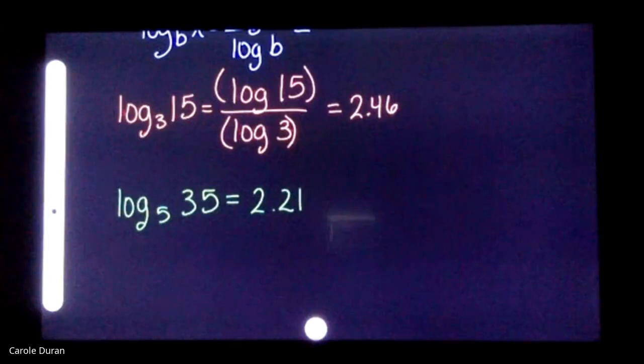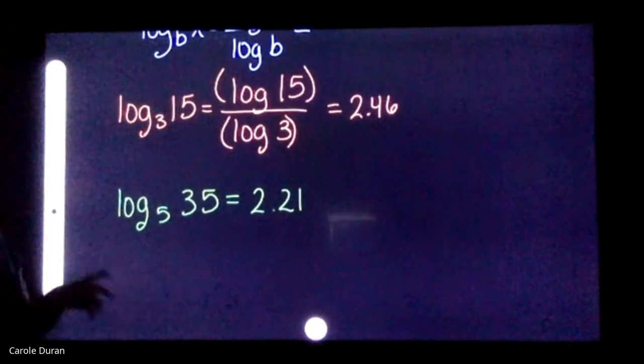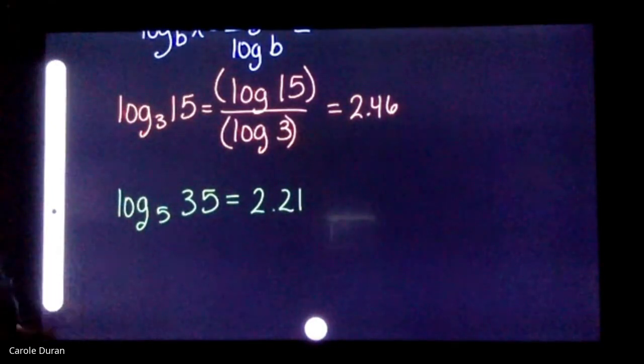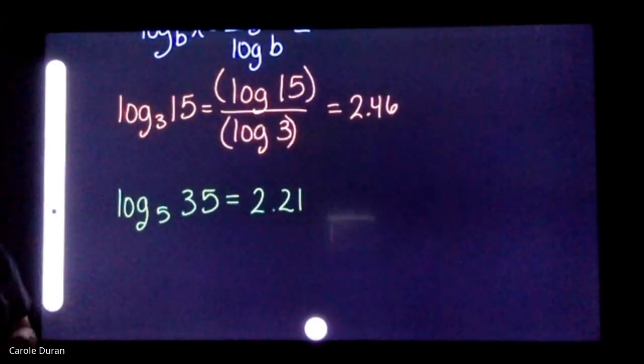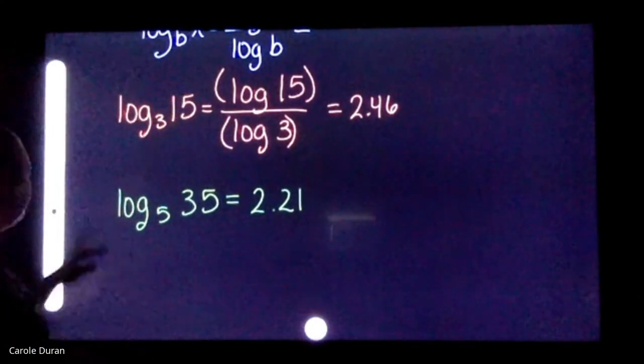Anybody have any major issues with that? Nope. So if we are presented with a logarithm that is not base 10 and we're still expected to solve it, we know that we can use our change of base to do so. If I give you the option for a cheat sheet, I highly suggest you put a change of base formula on there, okay? Because it is extremely helpful unless you can commit it to memory.